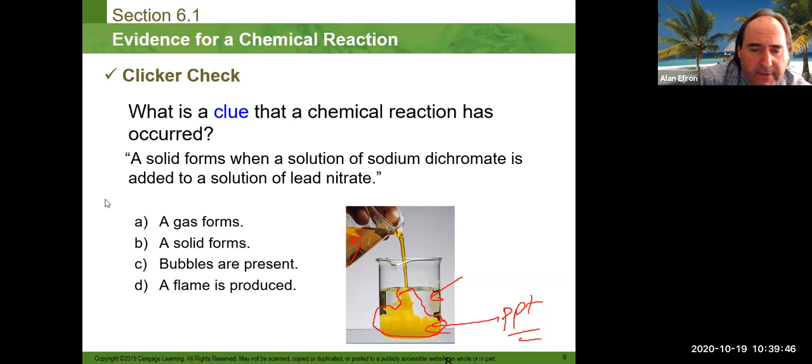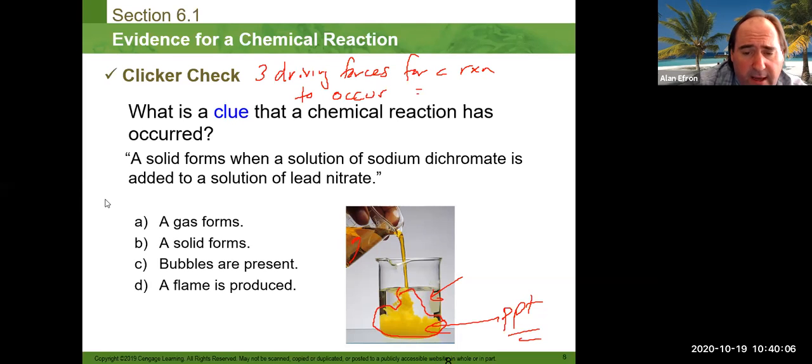And you know, for a chemical reaction to occur, or just really for a reaction to occur, there's really sort of three driving forces for a chemical reaction to occur. So three of the driving forces are some of the ones that we have seen here. It is a precipitate that's being formed.